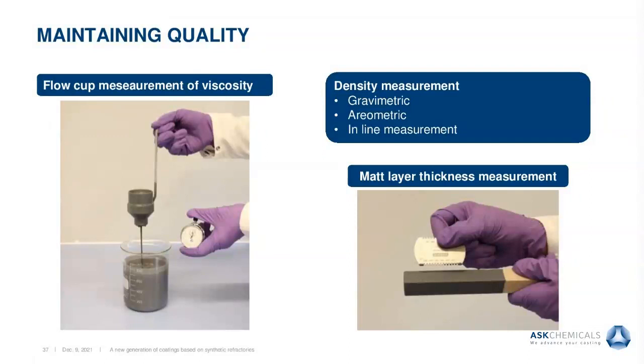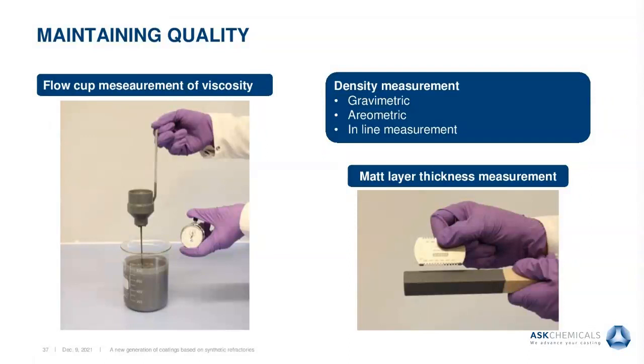So it does not give a direct measure for the application. It's only an indirect measure because the density correlates with the viscosity for the same coating, but it's not so precise.